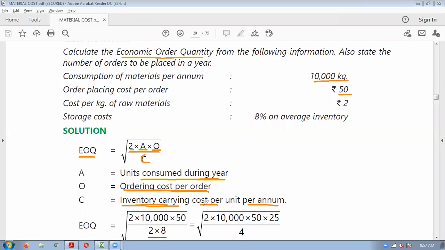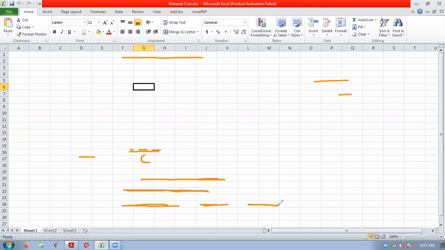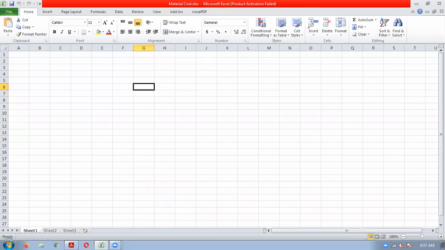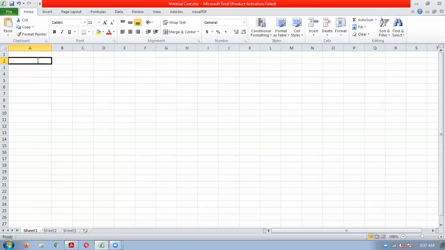C is the inventory carrying cost per unit per annum. How will we solve this? So first we'll make a list of these basic details. What all is required for calculating the EOQ? We require A, annual demand, and O, ordering cost per order.